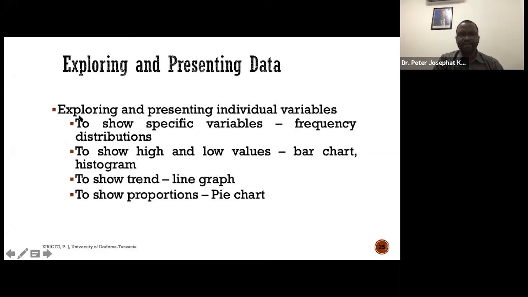This one, you just want to explore, you just want to present, you will go for the frequency distribution. You'll go for the bar chart and histogram. You'll go for the line graph. You'll go for the pie chart. So now you can see it depends on the interest of the research. But the issue here is to consider the nature of the variables that you have.